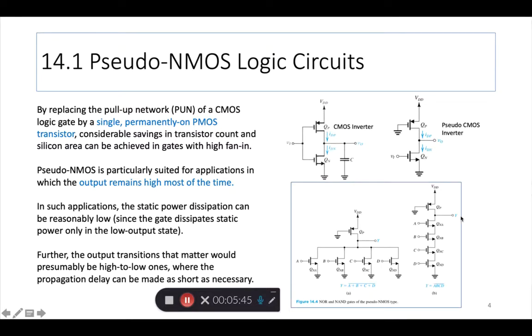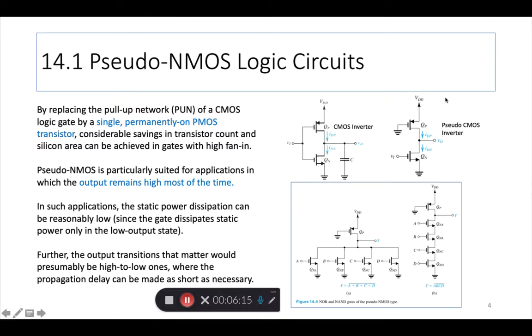Same thing with the NAND gate, right? Also, you have 4 inputs A, B, C, D for the NAND, and what I'm showing here is only the bottom portion, the pull-down network. The pull-up network, which also would have had 4 PMOSs in parallel, has now been replaced with just one PMOS.